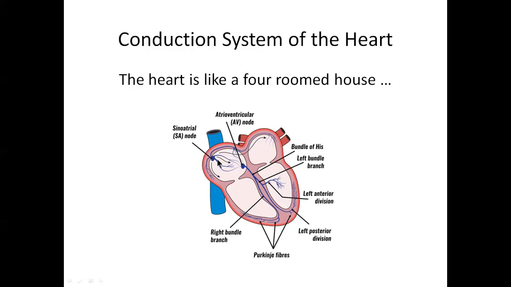And from there, it goes to the AV node. And from the AV node, through the bundle of His, it divides into two, the right bundle and the left bundle. Now, the left bundle has two parts, the left anterior division and the left posterior division. Once again, SA node, AV node, bundle of His, right bundle and left bundle.